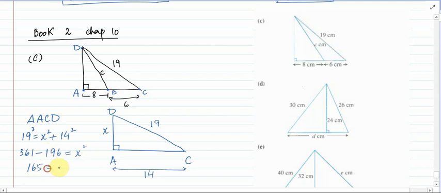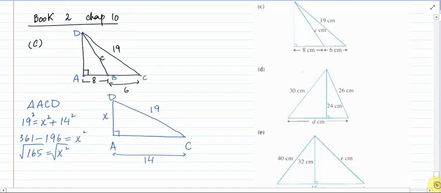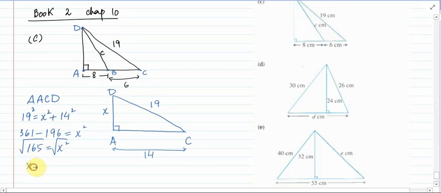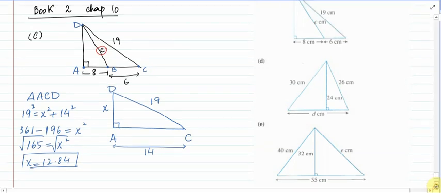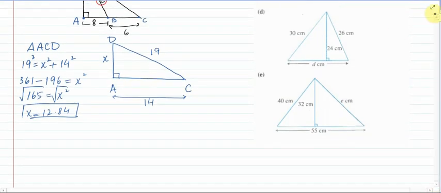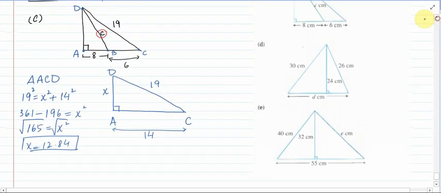So 165 equals x squared, root on both sides, 12.84. So x is 12.84, but that is not your answer. We are looking for C, right? But after we find the value of AD, I am going to plot the triangle A, B and D only.